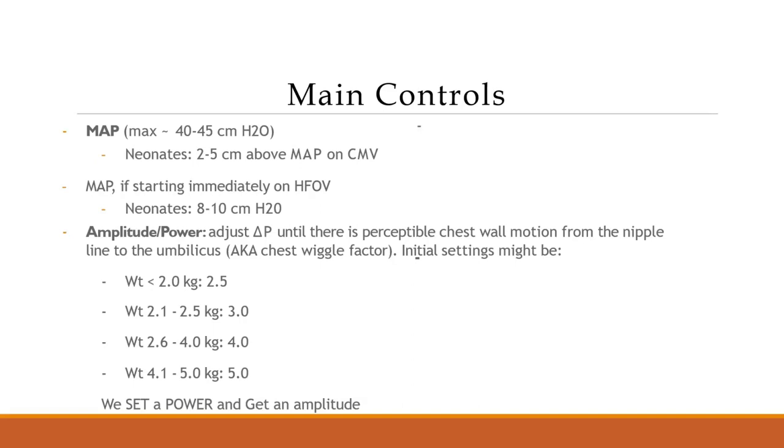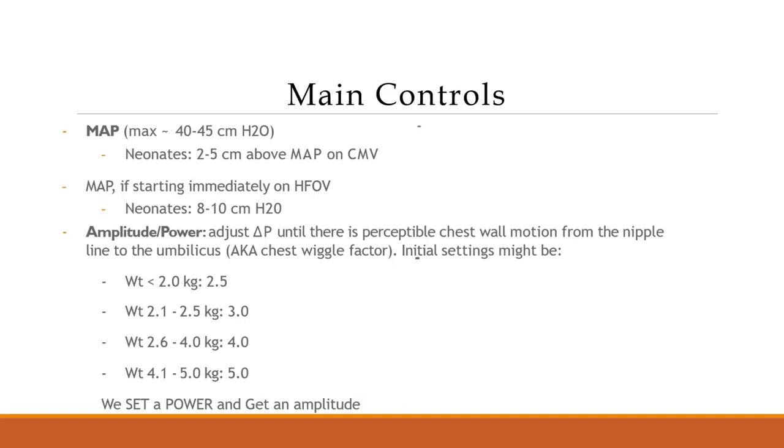This is what's if your patient is not ventilating and the CO2 is still horribly high, you need to increase your amplitude. However, we do not want to actually just order amplitudes or chase amplitudes. What we want to do is choose a power to get an amplitude. And here's the reasoning why.